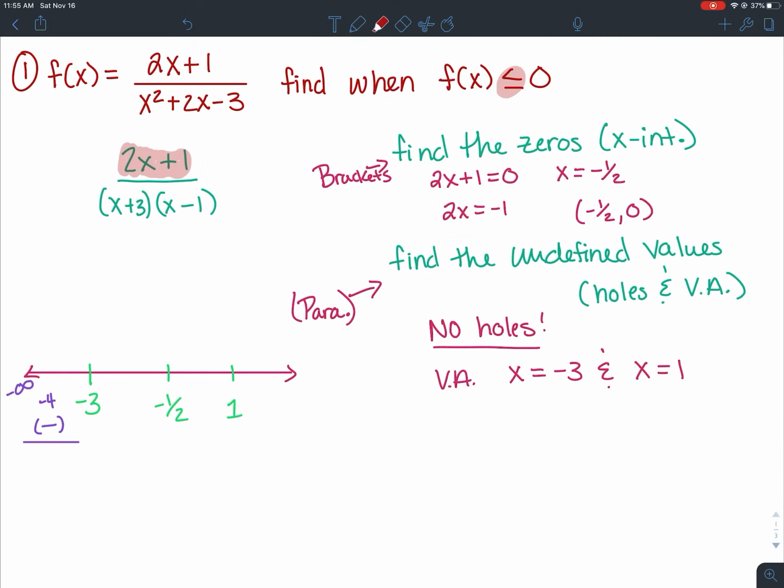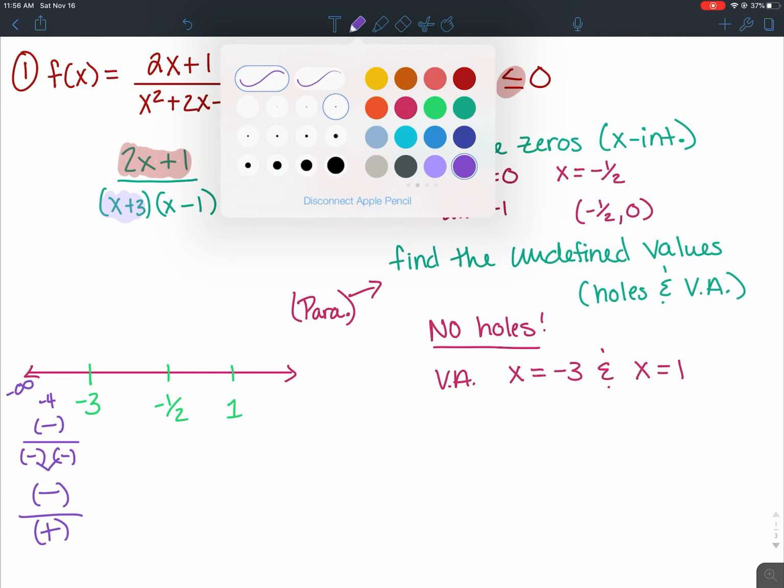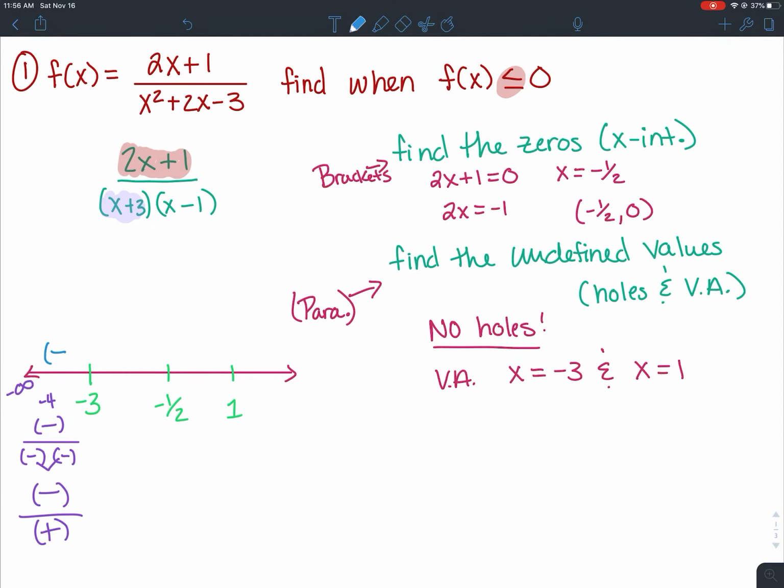I get negative 4 plus 3, which is still negative, and then negative 4 minus 1, which is still negative. On the top it doesn't change, but on the bottom a negative times a negative creates a positive. So what is a negative divided by a positive? You're right, it is a negative.